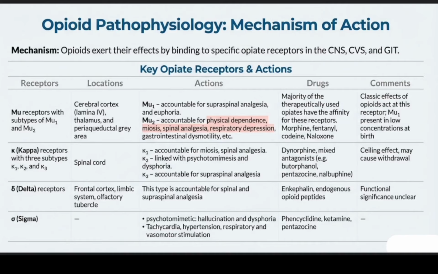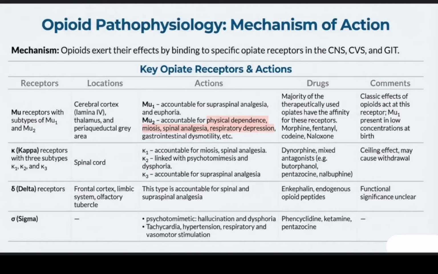Mu1 is accountable for supraspinal analgesia and euphoria. Mu2 is accountable for physical dependence, miosis, spinal analgesia, as well as respiratory depression. Apart from that, gastrointestinal dysmotility also occurs.